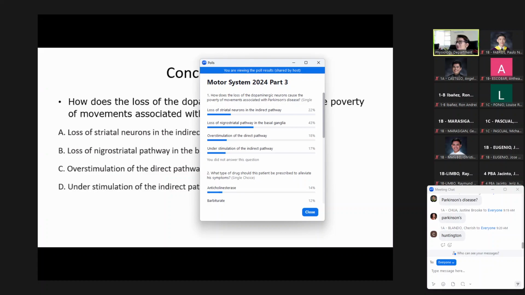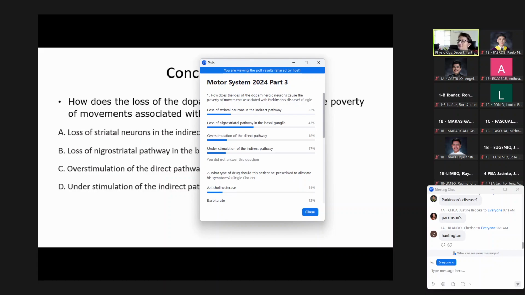Understimulation of the indirect pathway, what happens if there is understimulation? The indirect pathway is inhibitory, diba? So if there is understimulation, pwedeng magkaroon ng poverty of movement, walang inhibition eh.